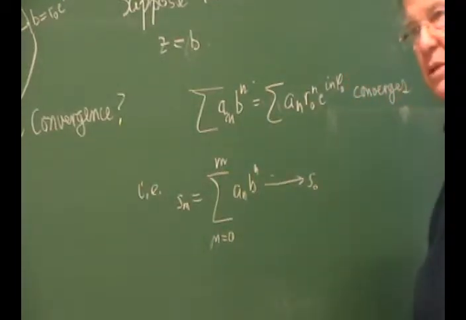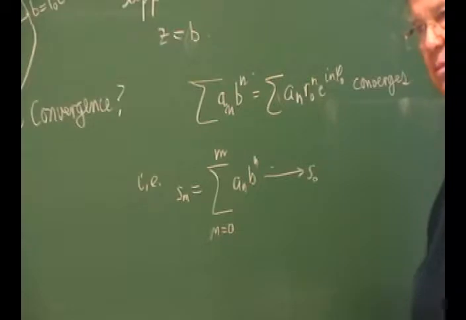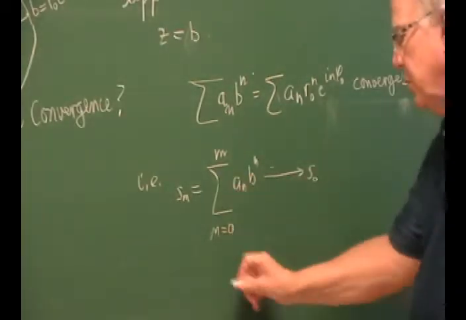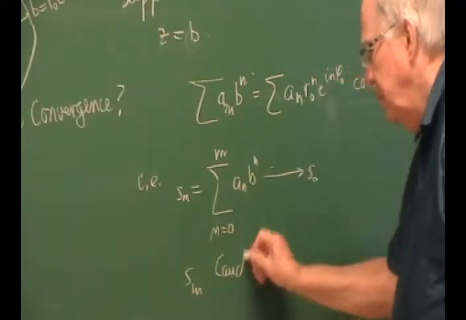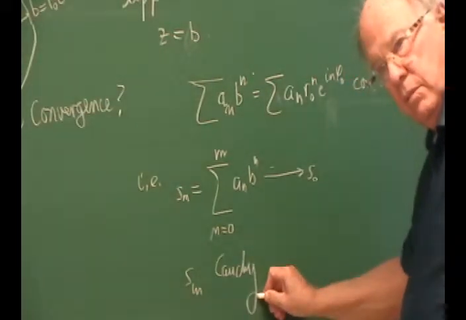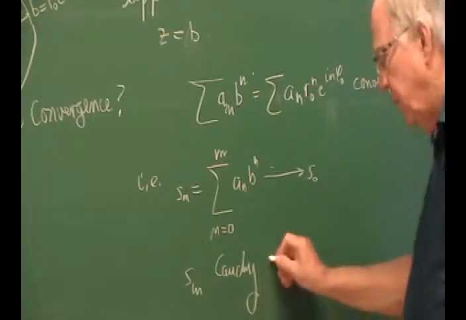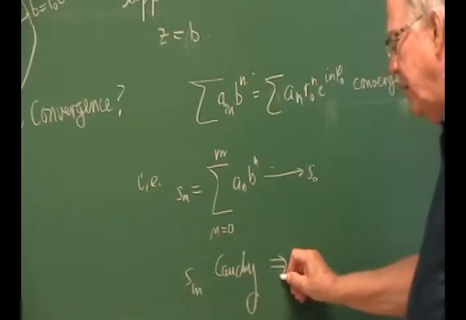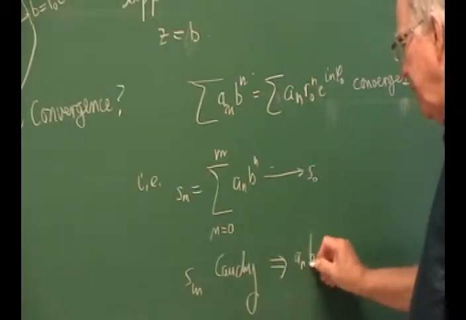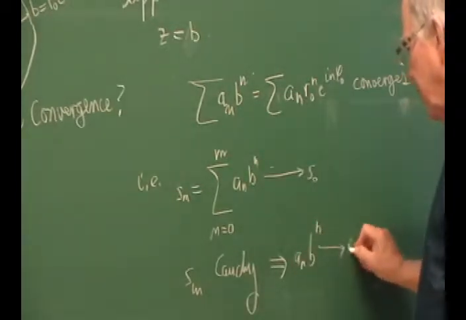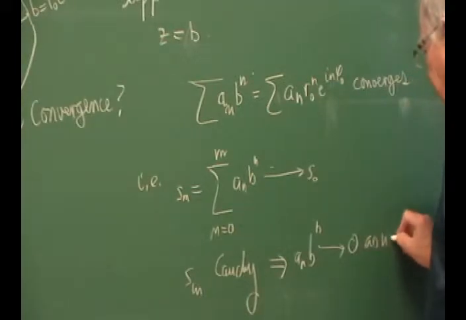That's what that means. That means that thing is a Cauchy sequence. This sequence is a Cauchy sequence, so S_m is Cauchy. Right? But this implies certainly that a_n b^n goes to 0 as n goes to infinity.